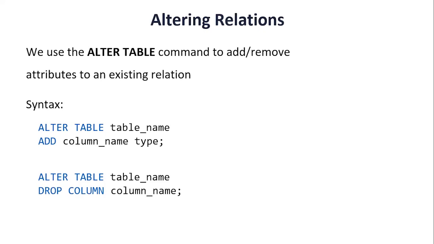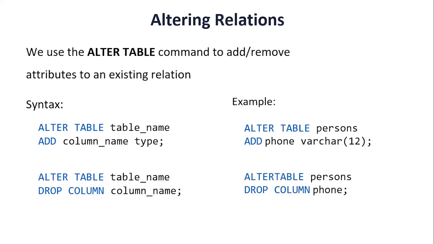So in these SQL commands provided here, these blue colored ones are the actual keywords in the syntax. So all in the black type is what you can change. So table name, you can specify whatever name you want, and column name as well as the type. So here we have two examples.